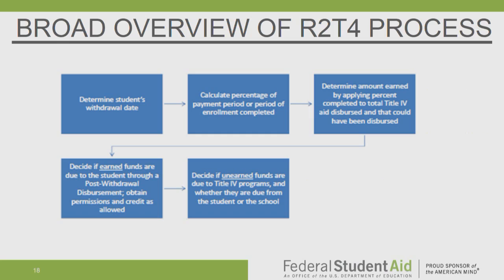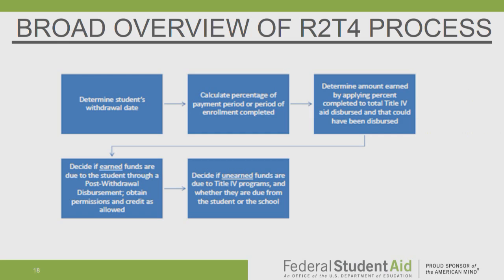divided by the number of days in the payment period, from which you also have to deduct the 5. Let's assume the student attended 50 days divided by 100 days. What that means is the student earned 50%. That 50%, you're going to move to the next tab where you will be calculating the total dollar amount earned.